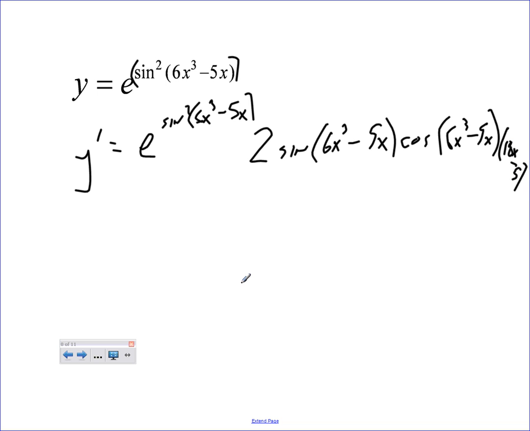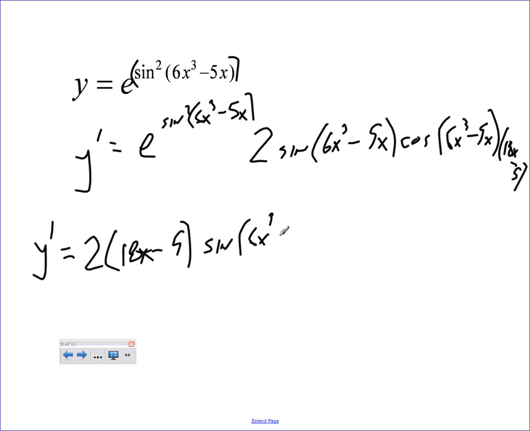Need a widescreen here. Need a bigger TV. Smaller handwriting. Either way, we make this look nice by doing a little rewrite to get everything in a nice order. I would bring the 2 and the 18x squared minus 5 up to the front. Then I would put my sines and cosines next: sine of 6x cubed minus 5x, cosine of 6x cubed minus 5x.